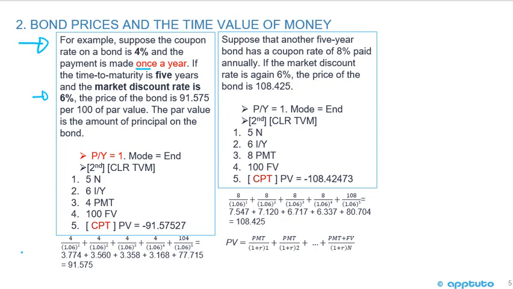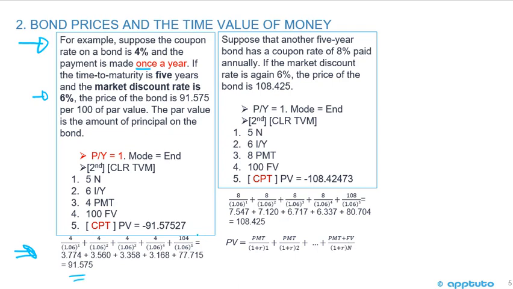Okay, so if we want to start with the algebra first down here, as we said, the price of the bond is simply the present value of the cash flows. So we can see our coupon is 4% on 100, so that's 4. So we have 1, 2, 3, 4, 5 coupon payments. Remember, the last payment is paid with the par, $100.